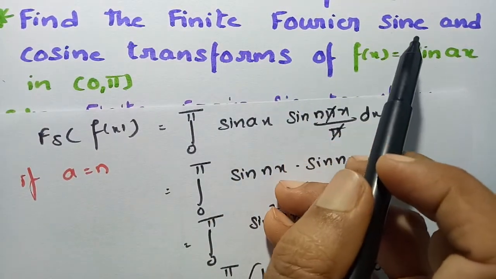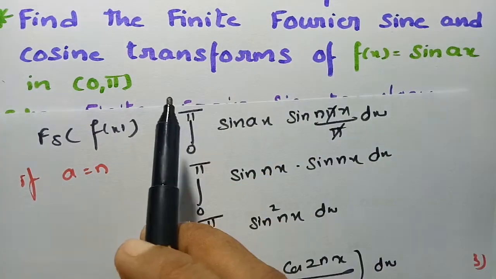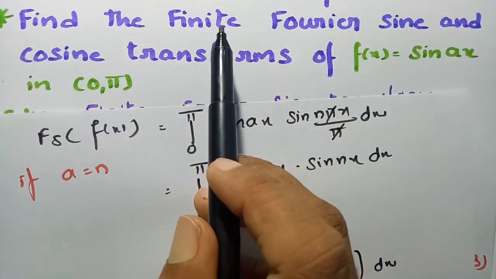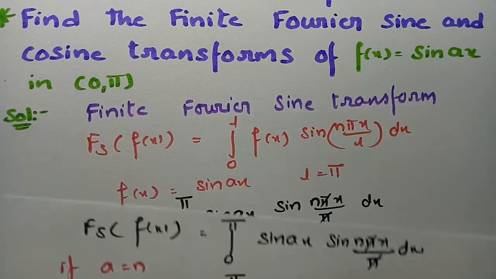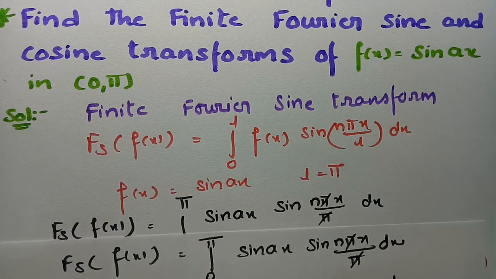So first of all, we found the finite Fourier sine transform. Later I'll find the finite Fourier cosine transform. For that there is a formula ready here.